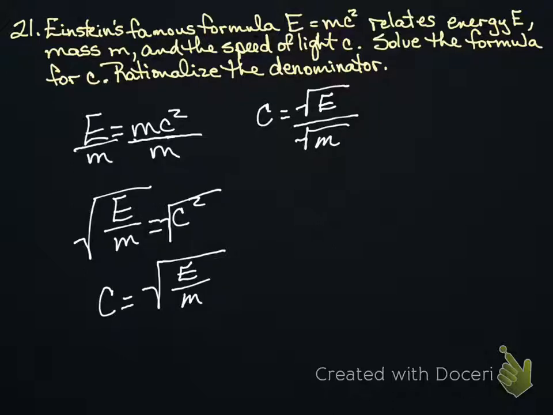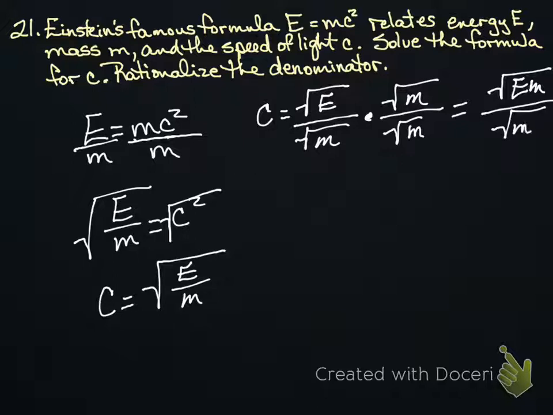So we're going to multiply by the square root of m over the square root of m. And that is going to leave me with the square root of E m divided by the square root of m squared.